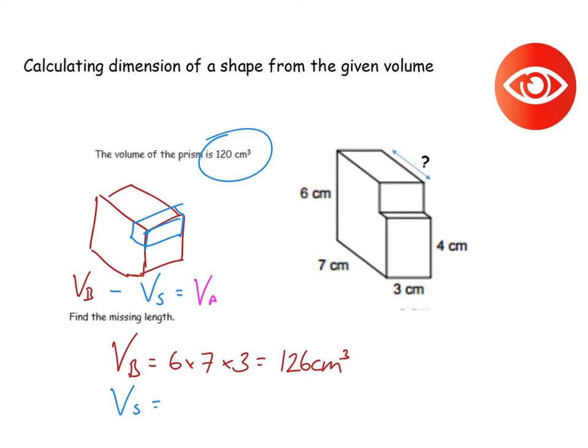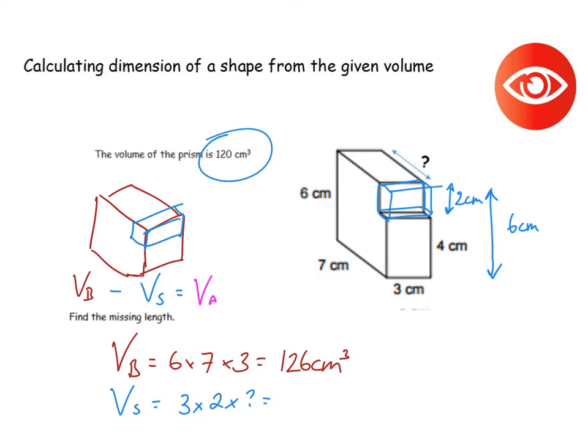So the smaller volume, this section here, I've got 2 of the dimensions, so I know it's going to be 3 by 2 by something. Now the 2 has come from the calculations here, because I know the whole length is 6 from the other side, so then that has got to be 2.